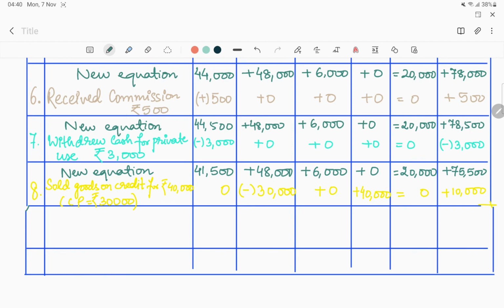Now let's form the new equation after this transaction. So the new equation will be: cash 41,500, stock 48 minus 30, that is 18,000, so plus 18,000.